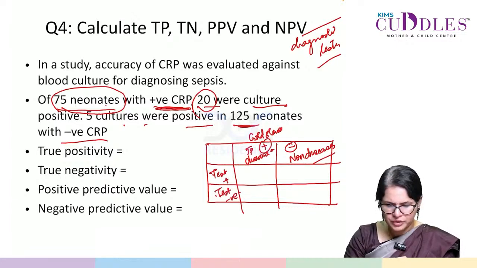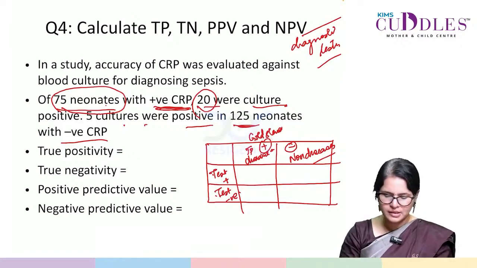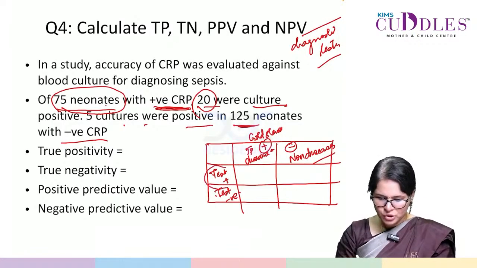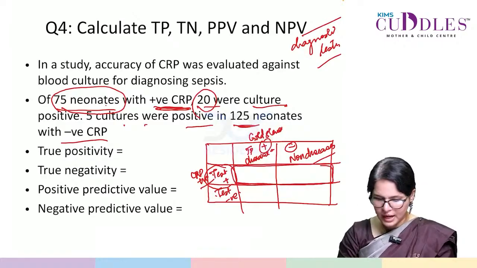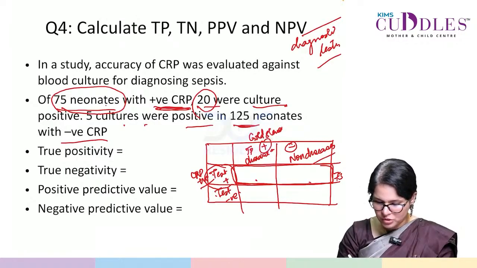So we don't seem to have the total number of newborns in the study given directly to us, but what we do know is that among the 75 neonates who were test positive, which were the CRP positive neonates, only 20 were culture positive. So we do know that this row total adds up to 75. If you add this and this, that is the total test positive, and we also know that 20 of them were in the culture positive group, so that is truly positive.